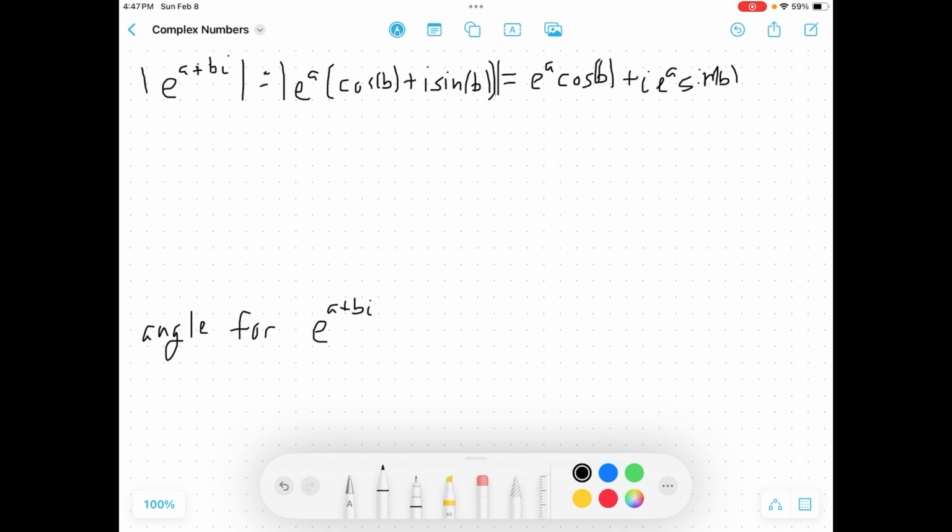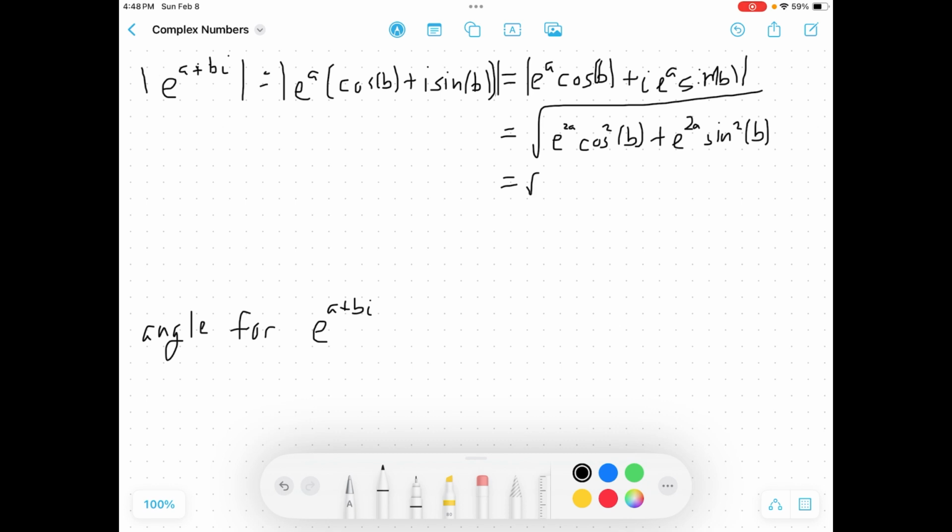So we know that if we want to find the modulus of that, that's going to be the square root of real part squared plus imaginary part squared. So we'll have e to the a squared cosine squared of b plus e to the 2a sine squared of b.